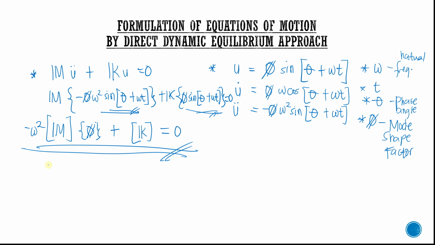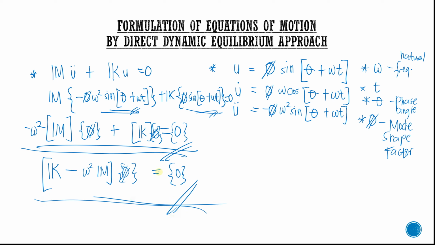So we just rewrite this in the form: the stiffness matrix times the phi vector minus omega squared times the mass matrix times our mode shape factor, or the phi vector, is equal to the null vector.